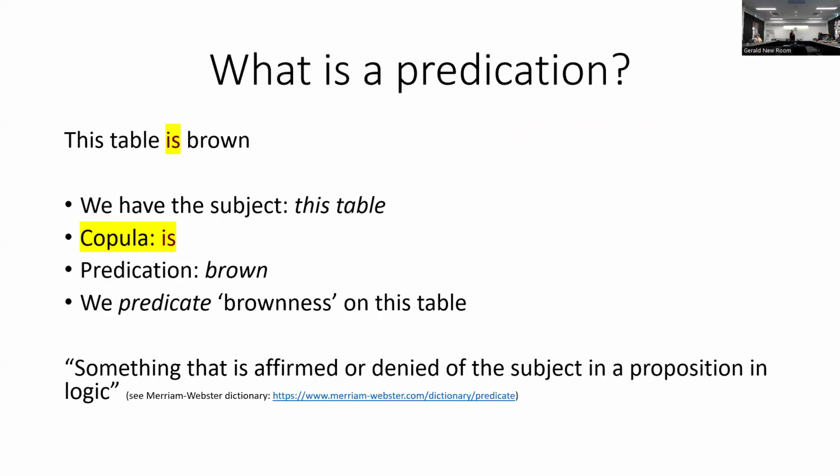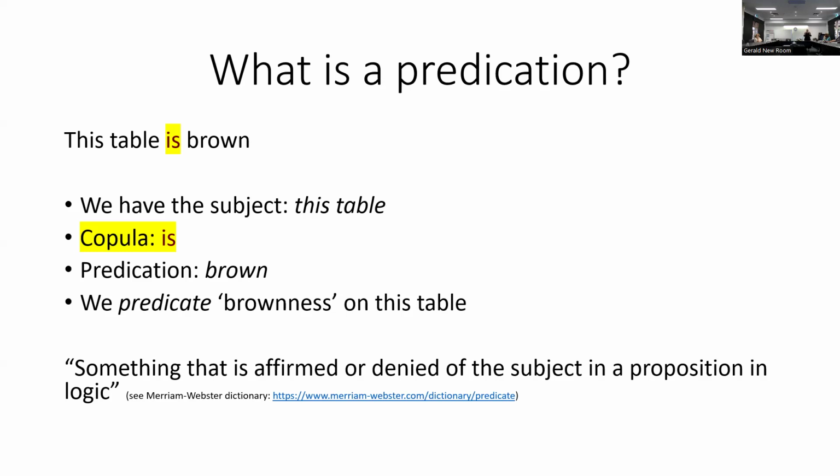Because we have universal syllogism, which I will come back to. But first, before we go there, this table is wide. Now I'm saying wide. I predicate wideness on a table. This is what predication is, okay?